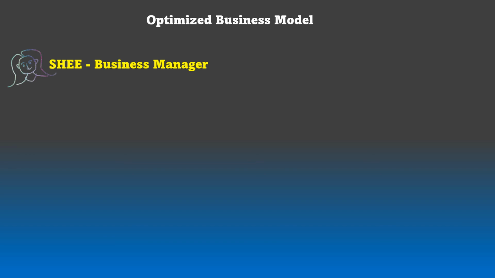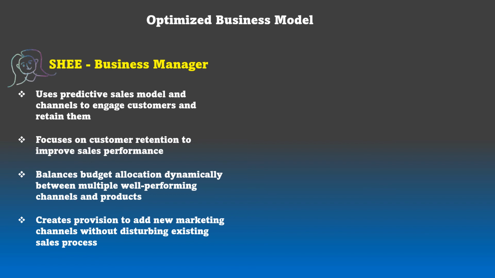She uses the predictive sales data model to select product lines and marketing channels to engage customers and retain them. She focuses on customer retention to improve sales performance. She also balances budget allocation dynamically between multiple well-performing channels and products.